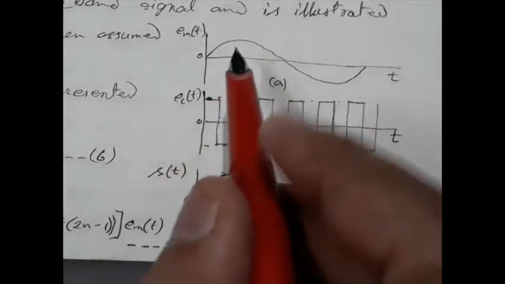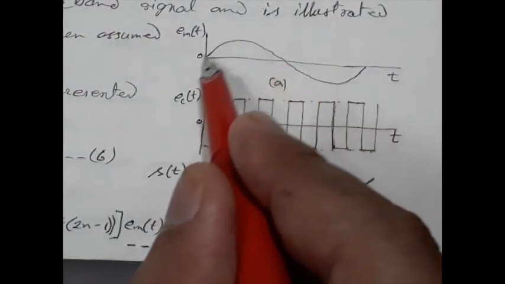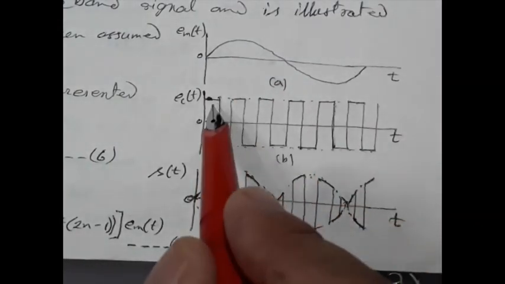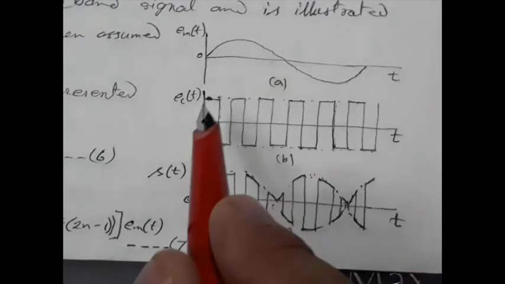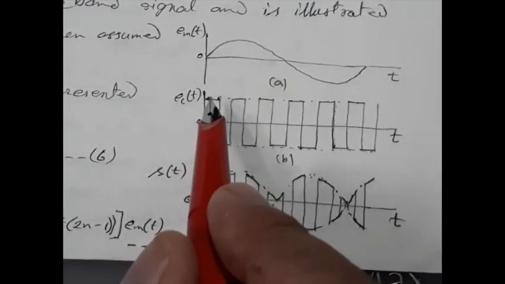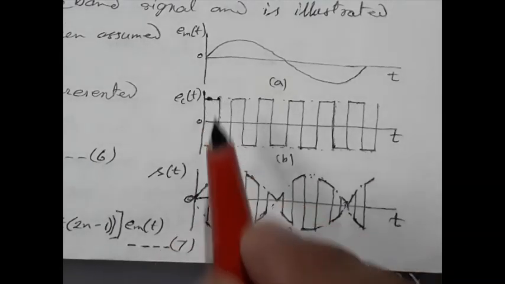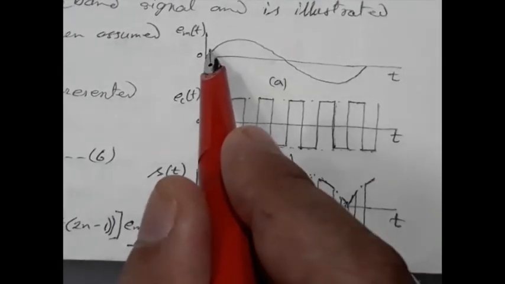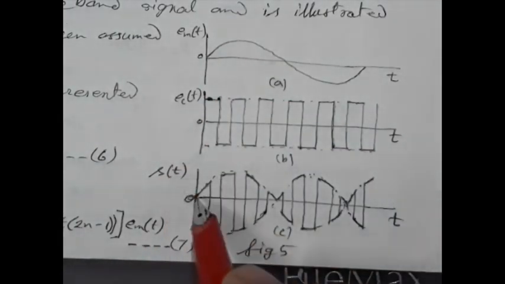So assume EMT is this. This is EMT, the message signal. This is the square wave carrier. During the positive half cycle of the carrier, the outer diodes are on and EMT is multiplied by +1. So the output signal will be like this.